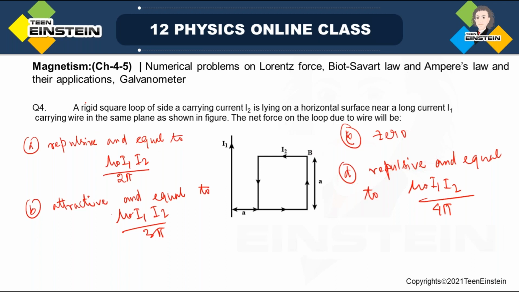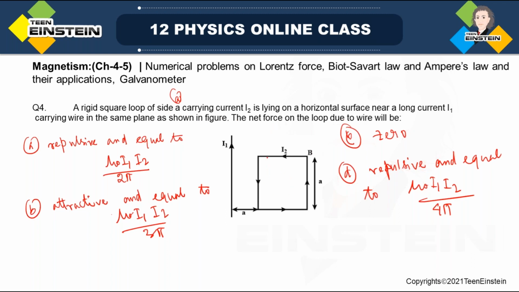Let us now read the problem. A rigid square loop of a side A, this is A, this is A, this is A, as you see from the figure. It is actually the square loop.